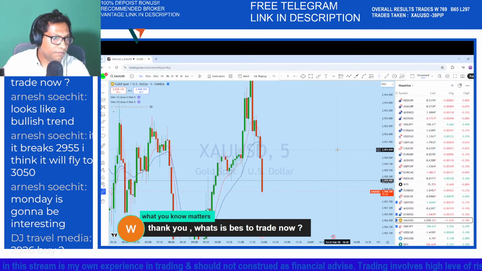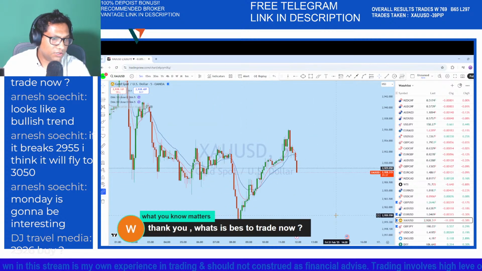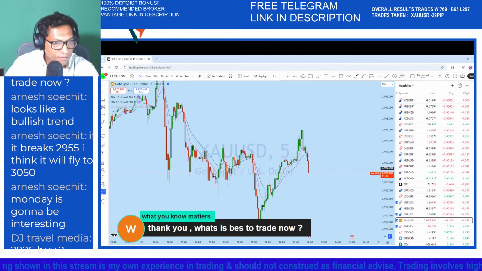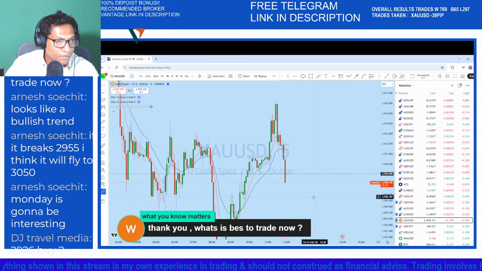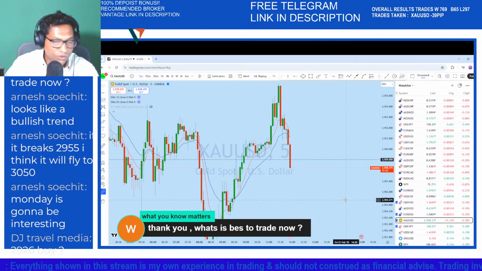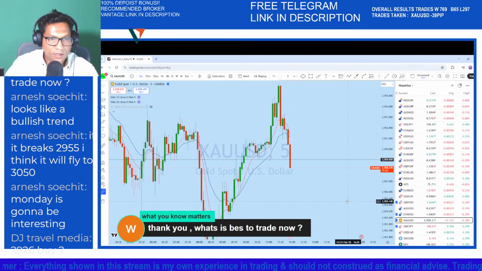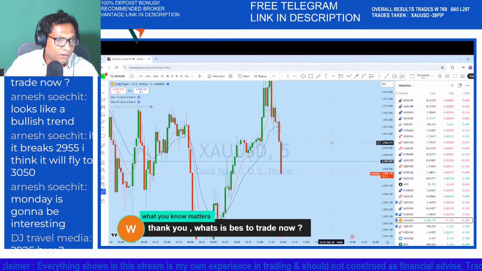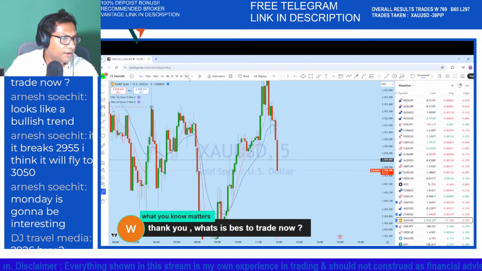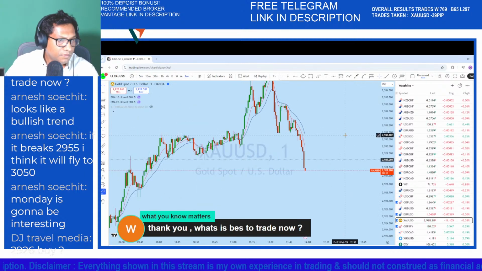Five minutes here, see where it is trying to head. So in the next trade, we will be increasing the risk a little higher so that we can get back on track.